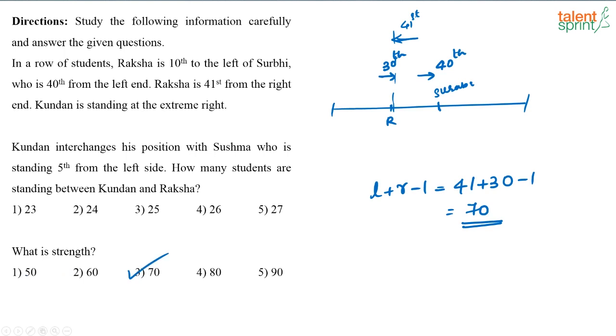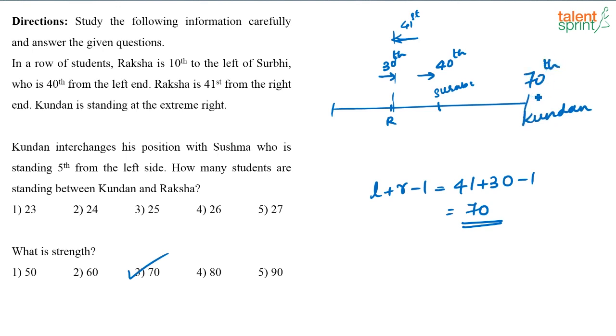Now let us look at the previous question. Now what is asked here? Kundan interchanges his position with... where is Kundan standing? Kundan is standing at the extreme right, so this is Kundan, and he is the 70th person in the row.